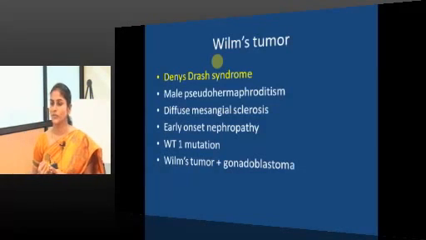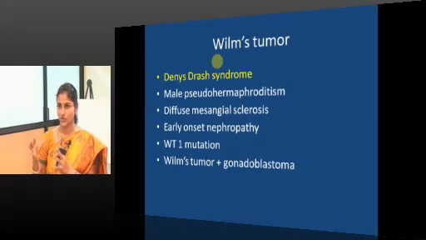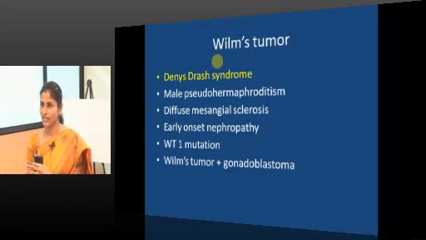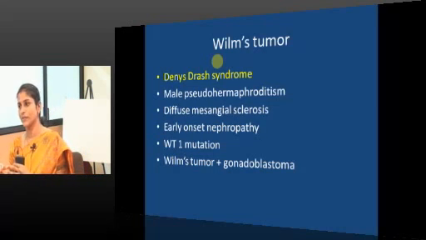And the second syndrome will be Denys-Drash syndrome, where the patient will usually have male pseudohermaphroditism. In addition to developing Wilms tumor, these patients will be at risk of developing gonadoblastomas.